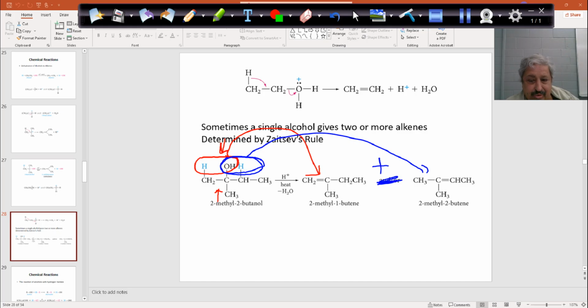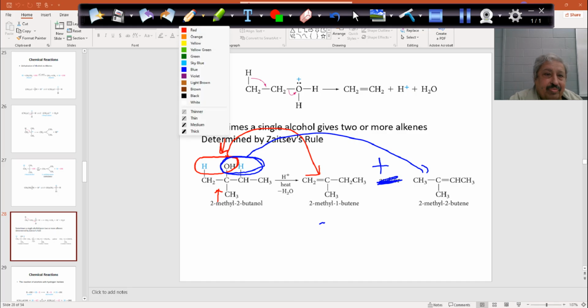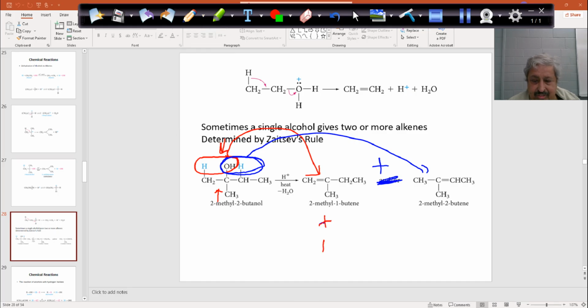So in both ways, you can produce here plus H2O, and here plus H2O. Here, so you can see that's much better. Plus H2O.